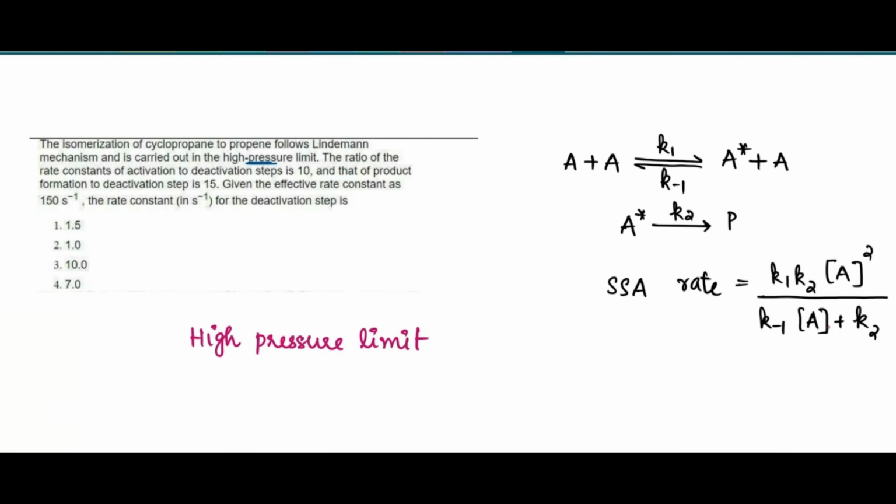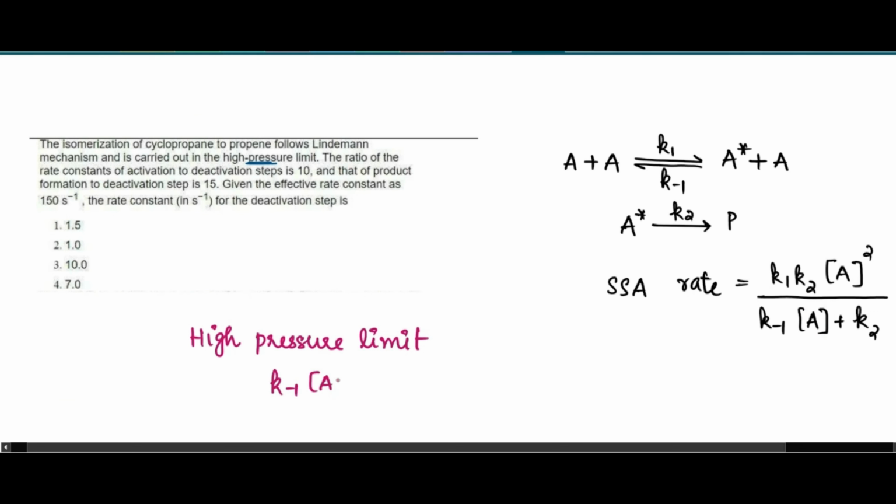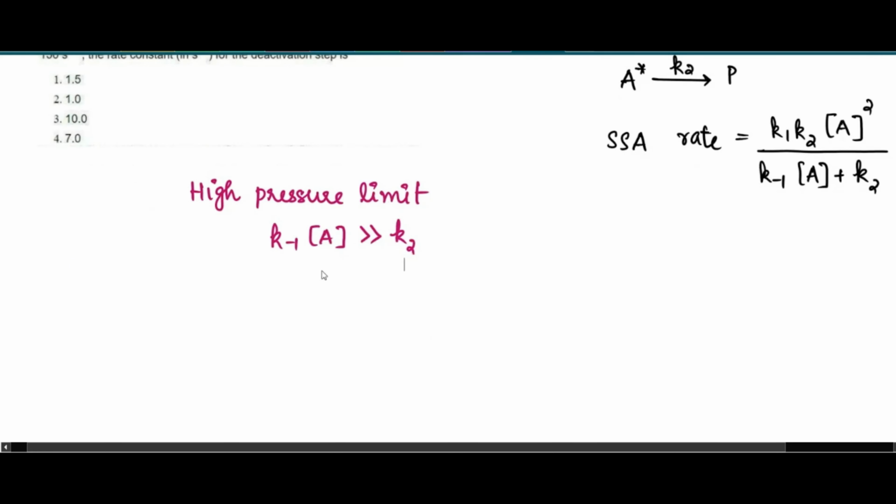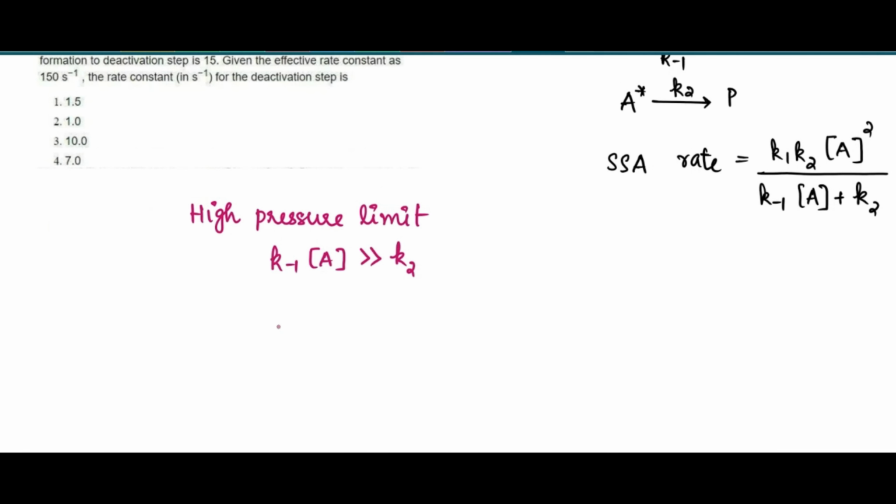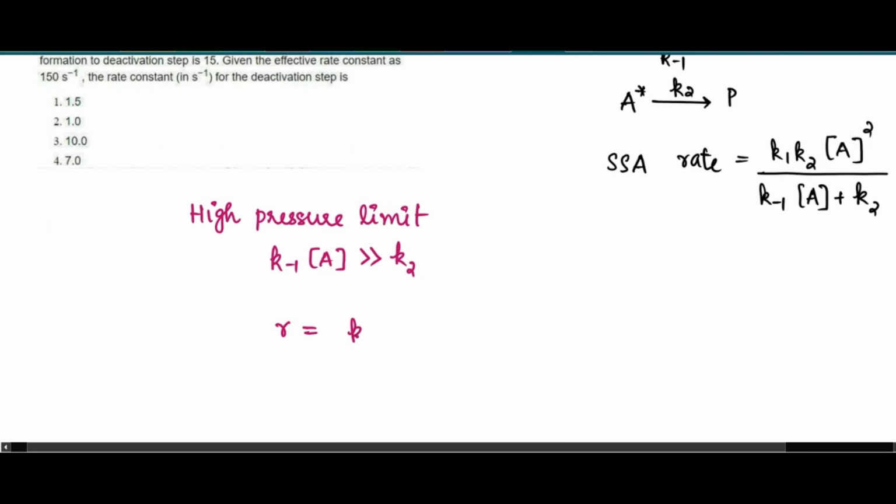So if it is a high pressure limit, what can you understand? The concentration of A in the denominator, K inverse times A, will be very much greater than K2. So you can neglect K2. If you neglect that, what are you getting? Rate is equal to K1, K2, concentration of A to the power 2 divided by K inverse into concentration of A. One A cancels.